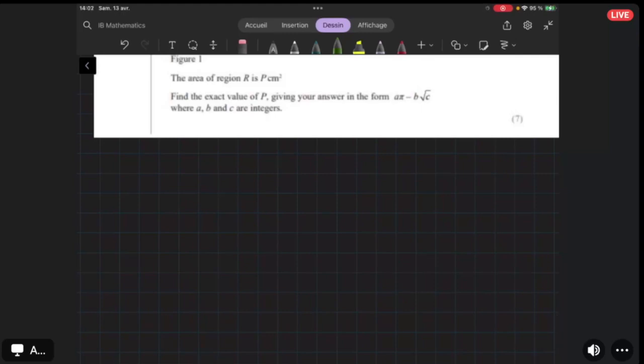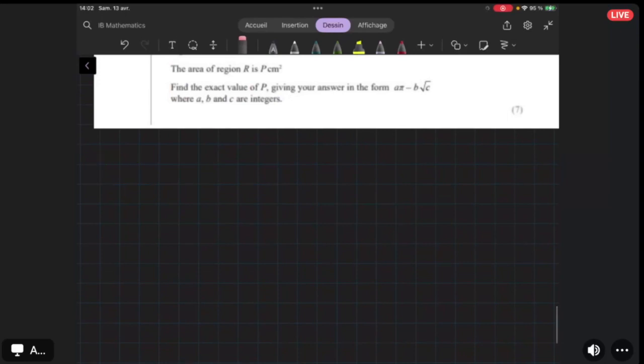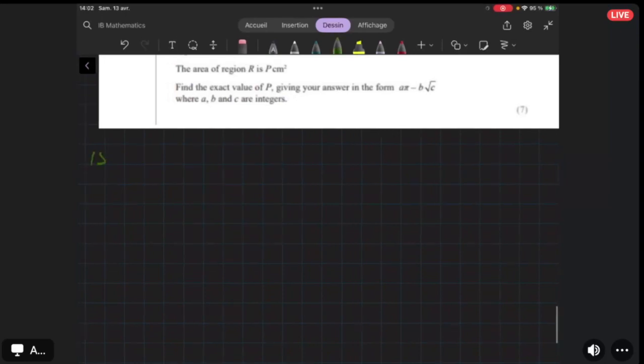All right, maybe we should do it then. Without the calculator, we find the value of each trig ratio. And because I have a mild OCD, I'm going to align the two numbers.